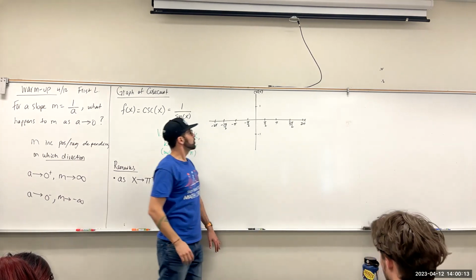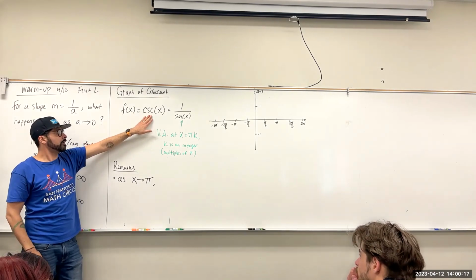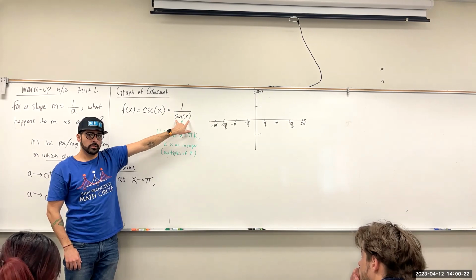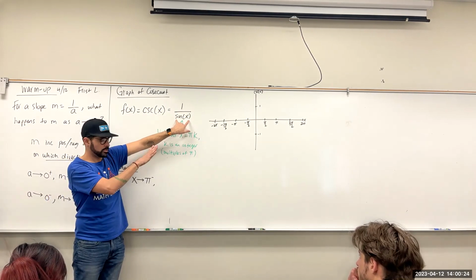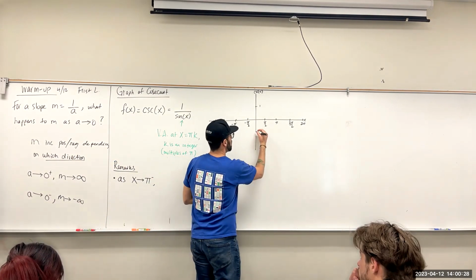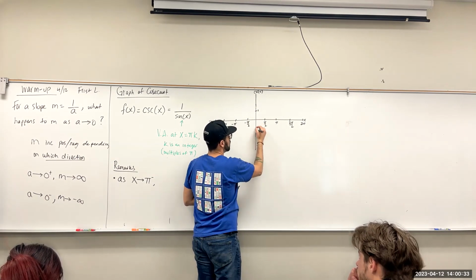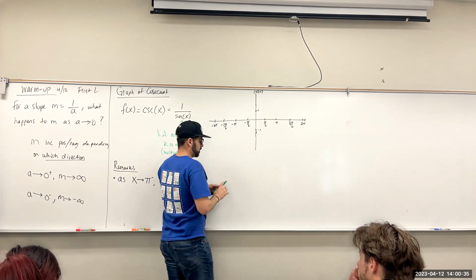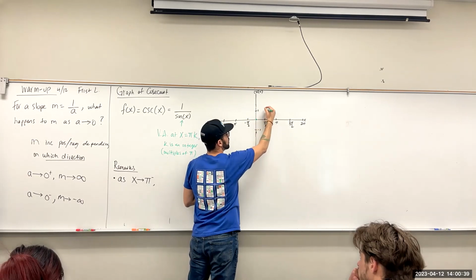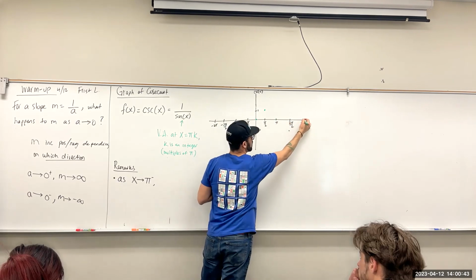To start graphing cosecant, what's going to be very, very helpful is to actually graph sine. So if we graph sine first, let's use the knowledge that you guys learned on Monday. Let me make the one down here a little bit smaller. If I graph sine from what we discussed on Monday, sine will be 0 here and then 1 here, 0 here and then -1 here, and so on.